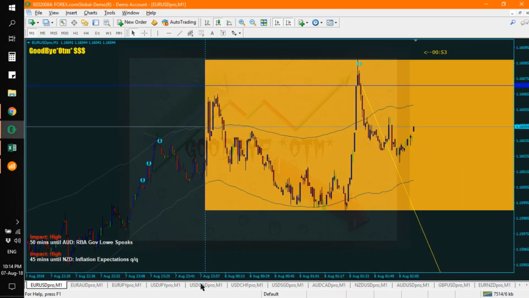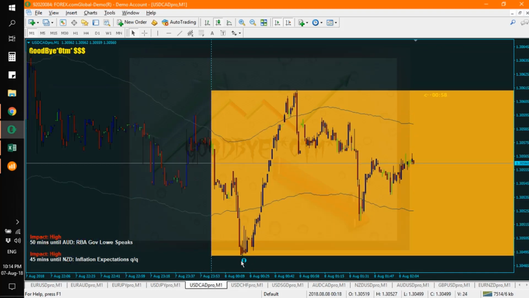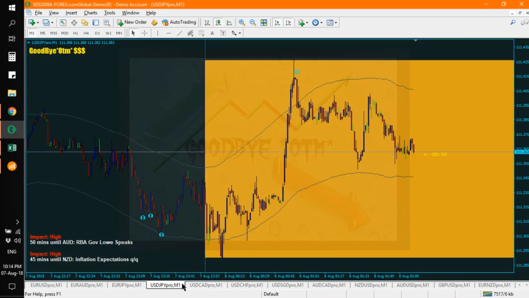The first one was USD Canadian, which was this one, very nice trade. And then we got USD JPY, also a very nice trade, which is currently still on a downtrend as per the signal announced.